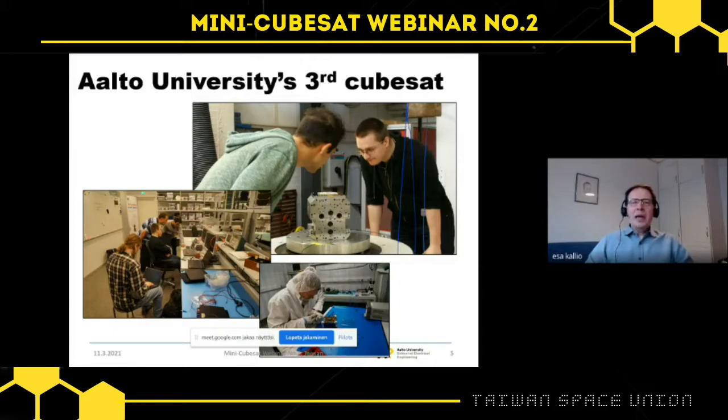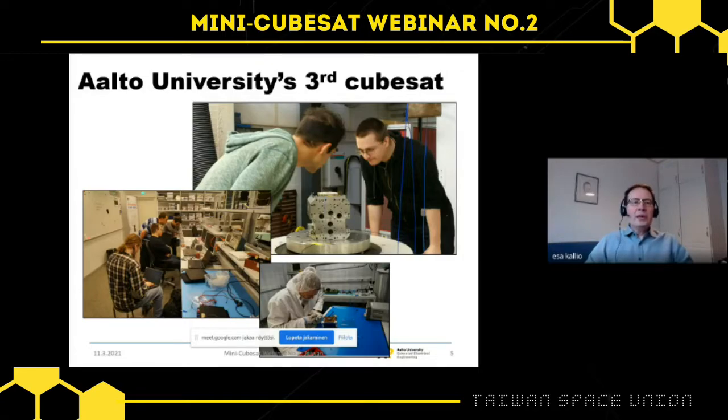For example, we have the vibration facilities 100 kilometers from our department, and you can see one picture of that. In the middle, you can see our electronics laboratory in our space laboratory, and at the bottom, a small picture of our clean room.